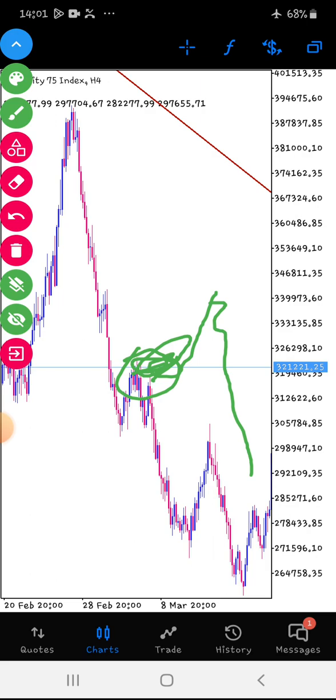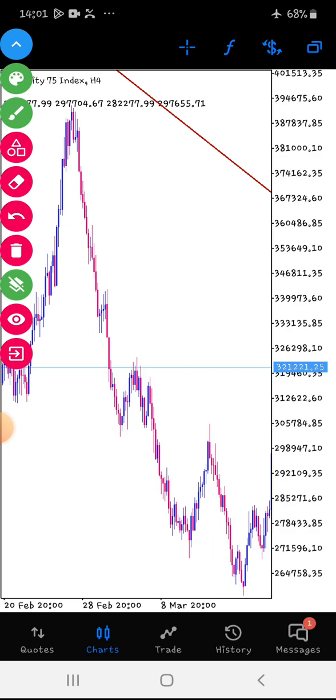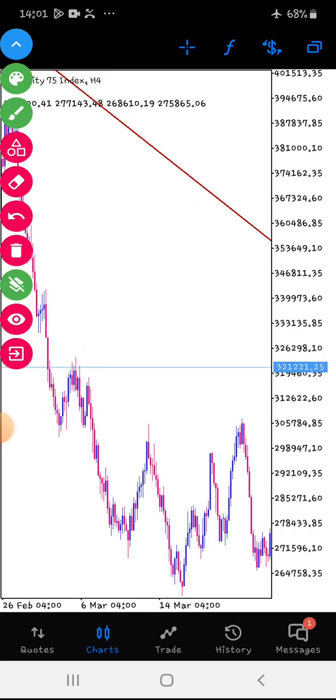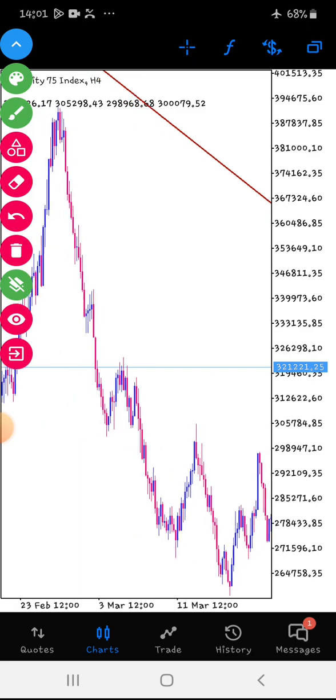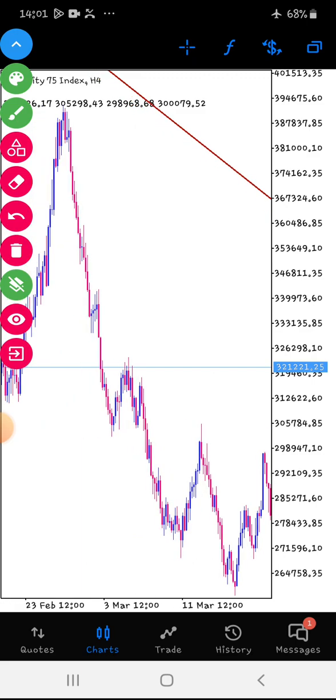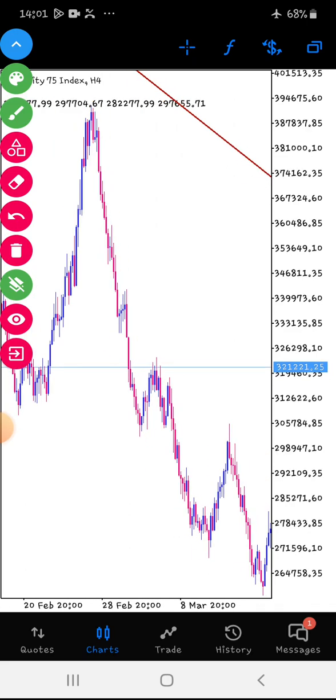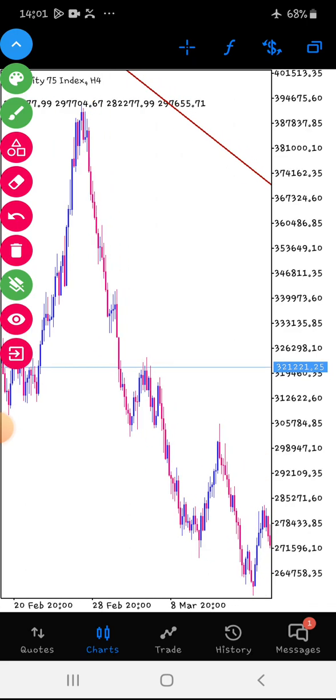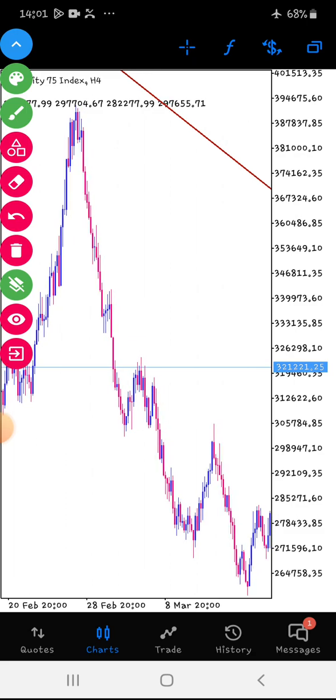Because there are some sellers which are still resting around here. So you can find the liquidity where it's still resting on H4 and H1. Those are the best time frames to find the liquidity resting, and you wait for the market to sweep that liquidity or to bounce from those U-turns.